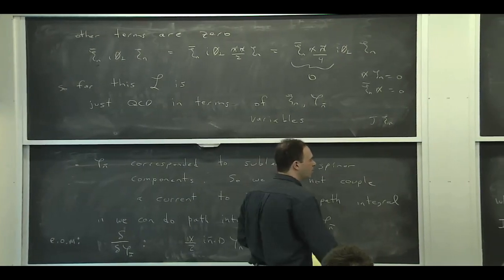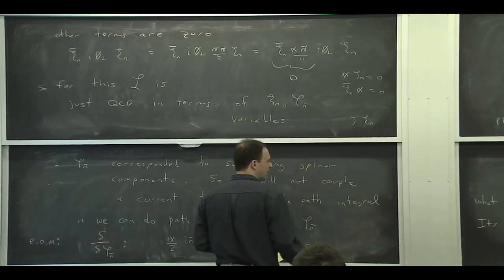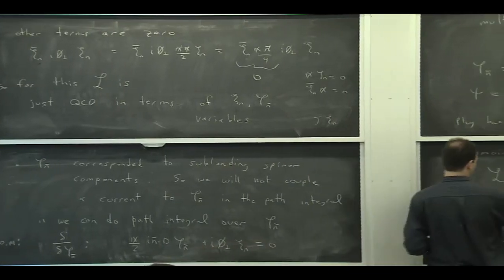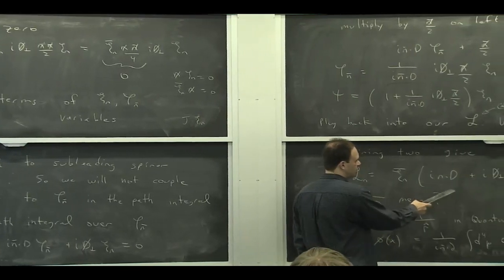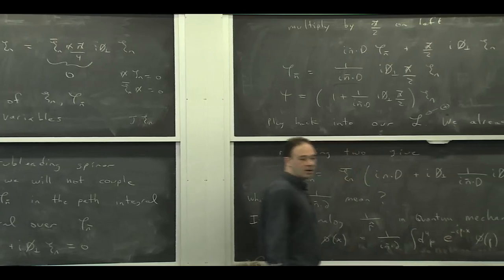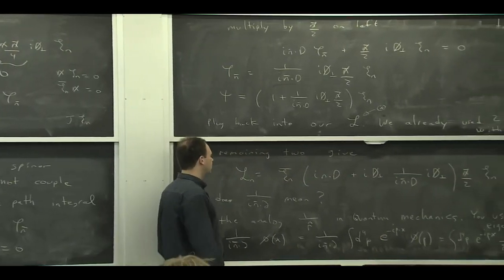Okay. So we're far from done, and really this is just sort of a warm-up. What we've done here is we've just written things out in terms of components. And it's true that these derivatives here have different power counting, and we're going to make use of that in a second.